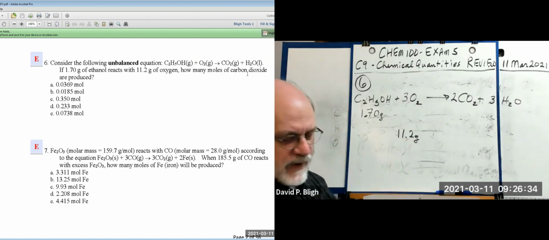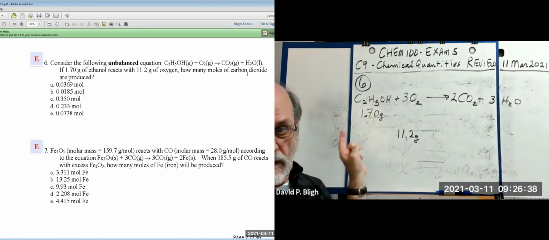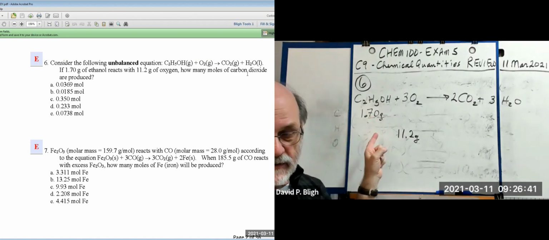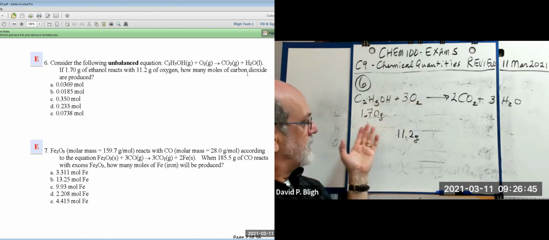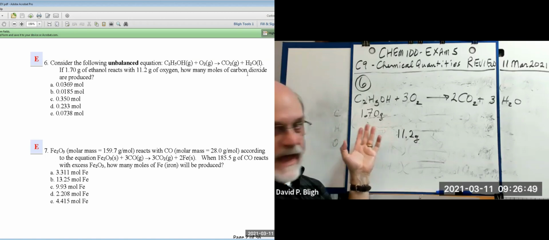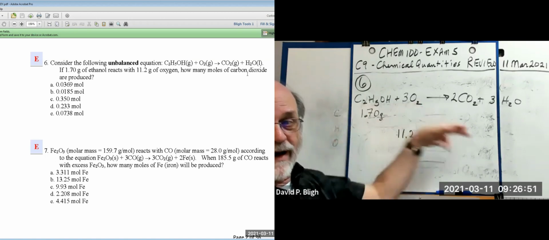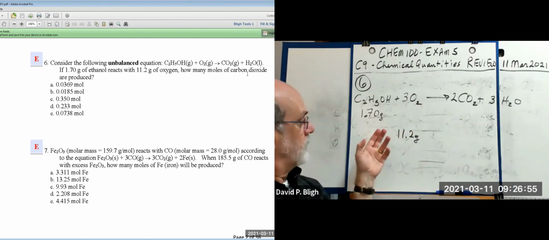So when you have a problem like this, where there are only 2 reactants but they're all known, then one of them is going to be limiting. And if the question asks for a product, then my preferred method is the way to go.